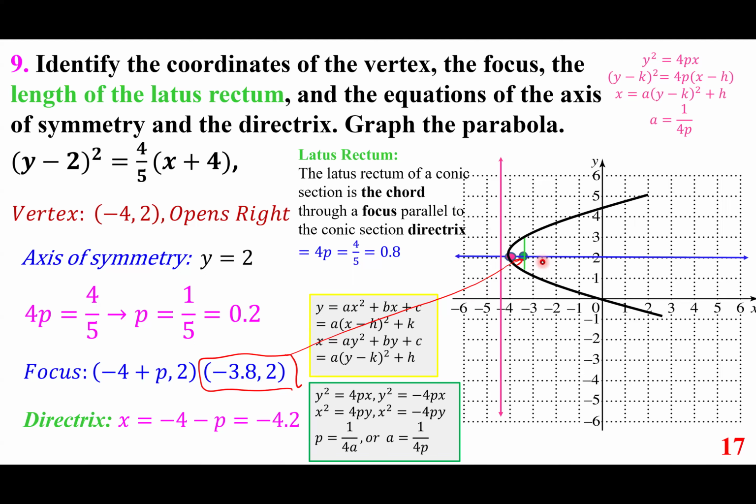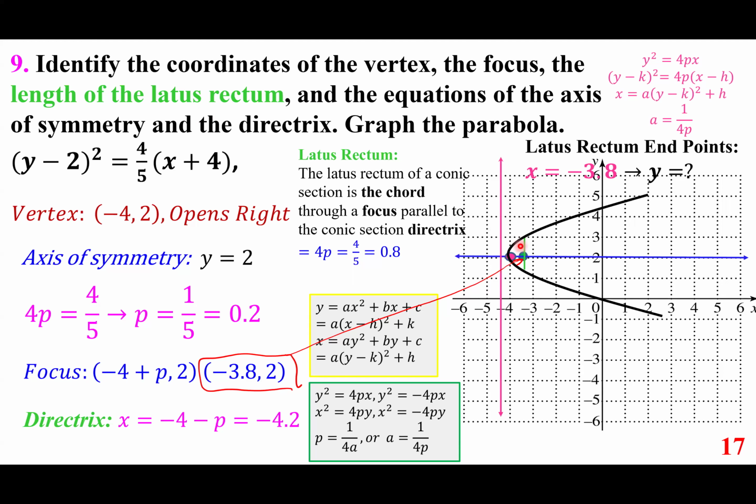So you're going to go up, and you're going to go down. You have two choices. You can say x is negative 3.8. Let's put that into this equation and find the y, as we did last time. So x is negative 3.8, and 4 times 0.2 is 0.8 over 5, and then do the math. Or remember the left and right method.